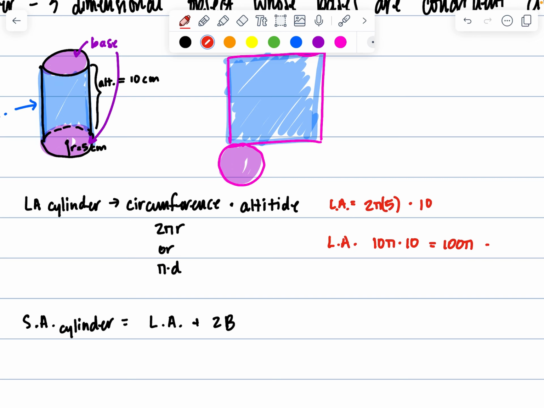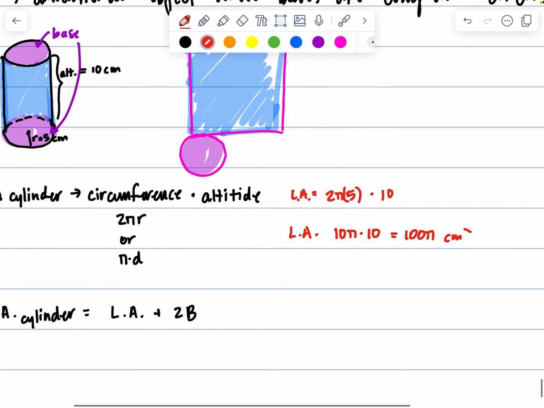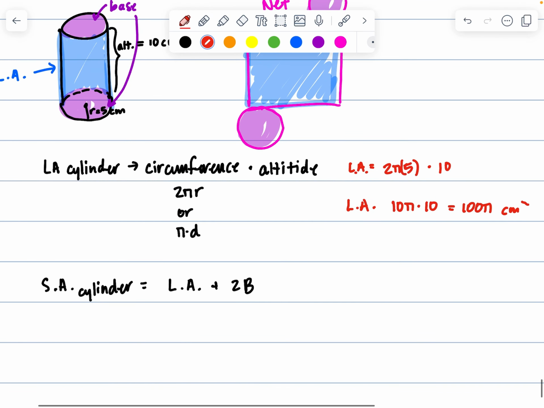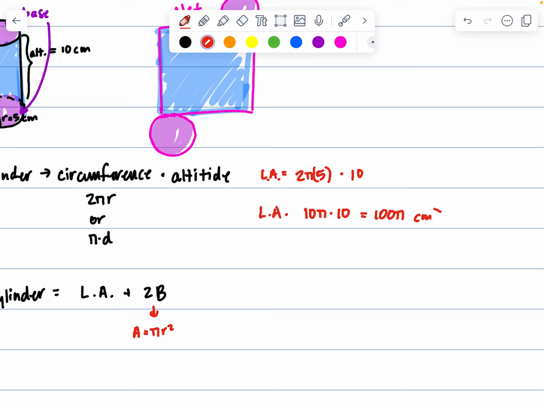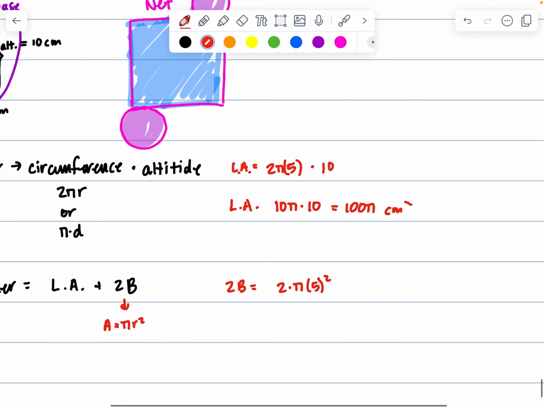So lateral area is equal to 100 pi centimeters squared. Now the base, on the other hand, the area of a circle is pi r squared. 2 times the base would be equal to 2 times pi times 5 squared. 5 squared we know is 25. 25 times 2 is 50. So we do 50 pi.